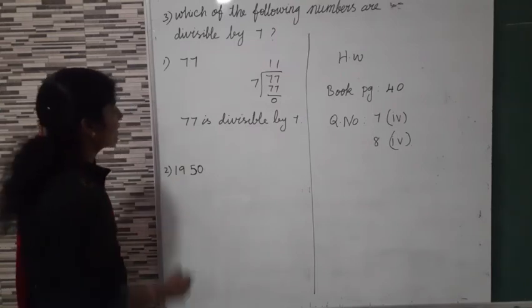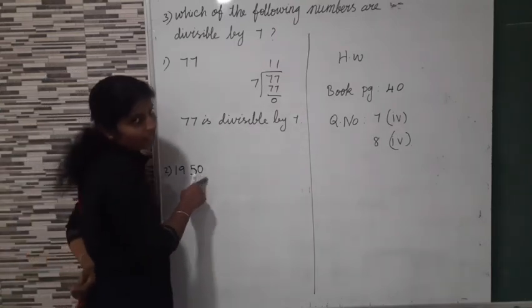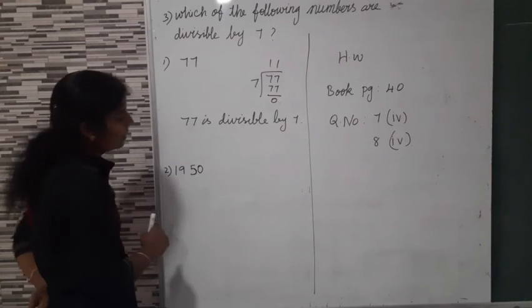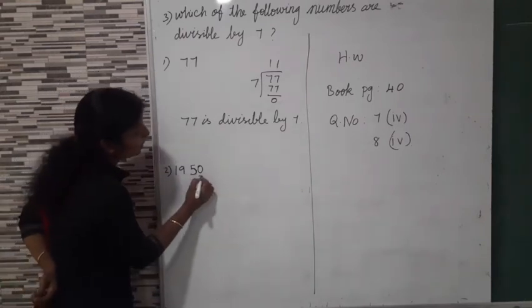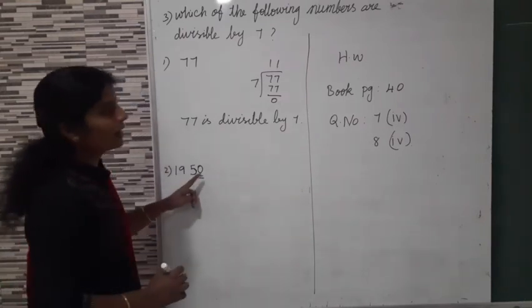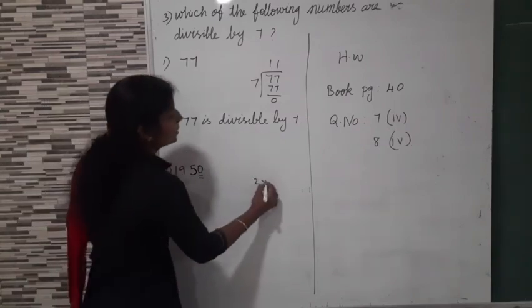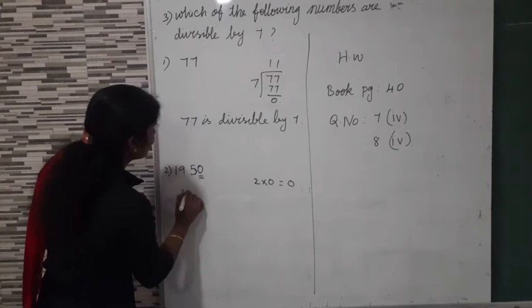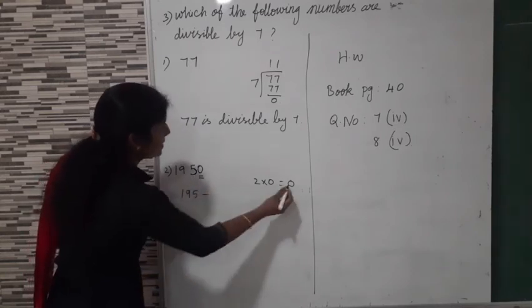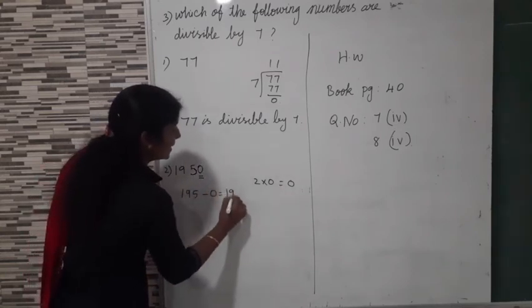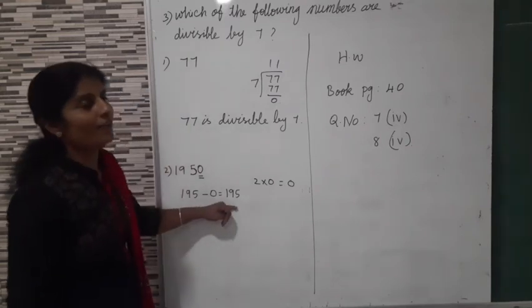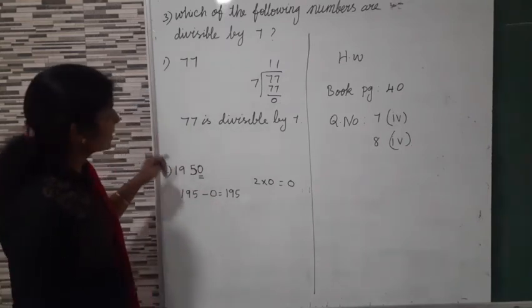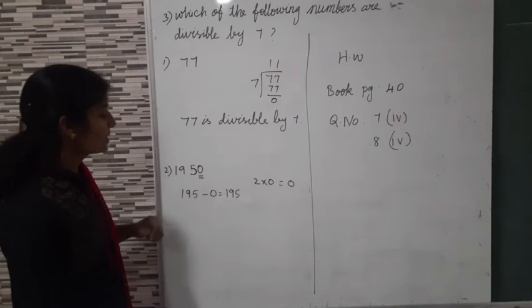Now the second question: is 1950 divisible by 7 or not? How can you identify? First we double the last digit. So 2 into 0 equals 0. Now the remaining digits are 195, minus 0 equals 195. If this 195 is divisible by 7, then this number is also divisible by 7.